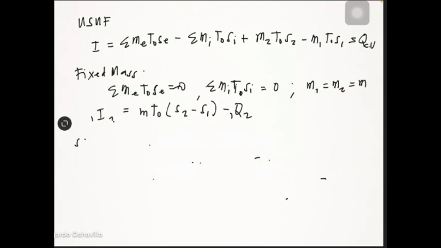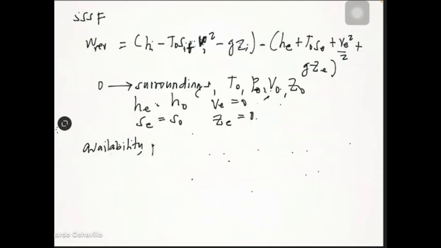The availability per unit mass. Availability is the same as the exergy per unit mass. This is the symbol here.